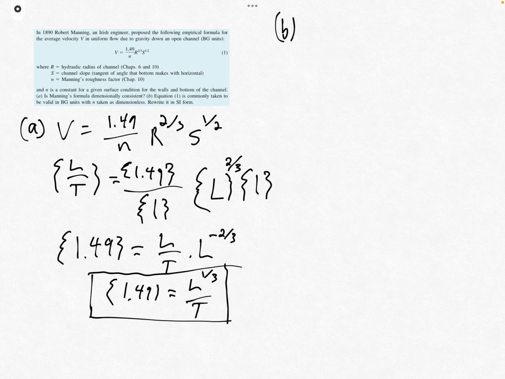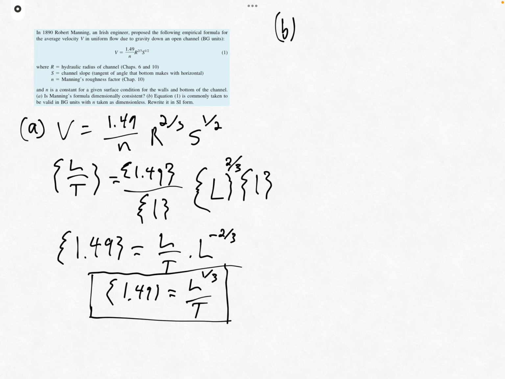So now in part B, we're going to say that this 1.49 is valid if we're in BG, or British gravitational units, with n taken as dimensionless. So we were told that n is typically dimensionless. And now we're asked to rewrite this in SI form.